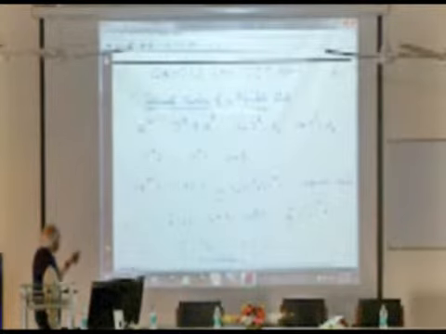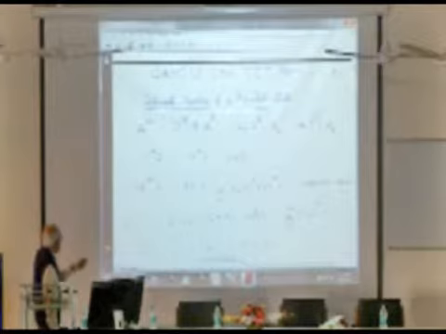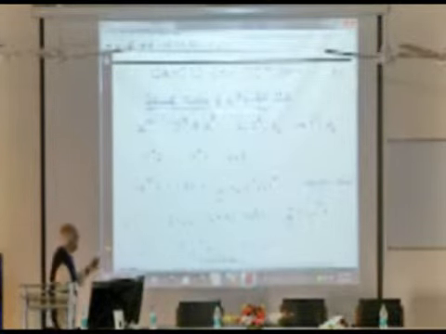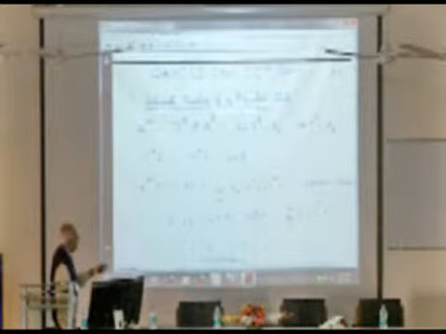Then any joint state, which I denote by C, can be expressed in terms of this basis with some scalar coefficients.